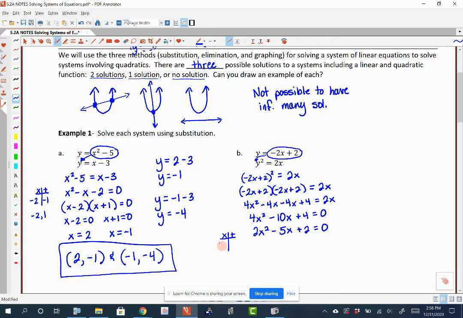So 2 times 2 multiplies to 4, but combines to negative 5. So a negative 4 and a negative 1 multiply to 4 and combine to negative 5. So this one will require some grouping because our leading coefficient is not a 1.